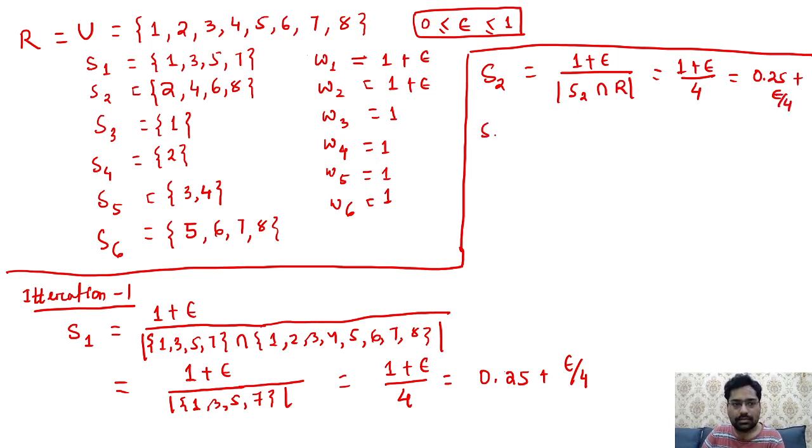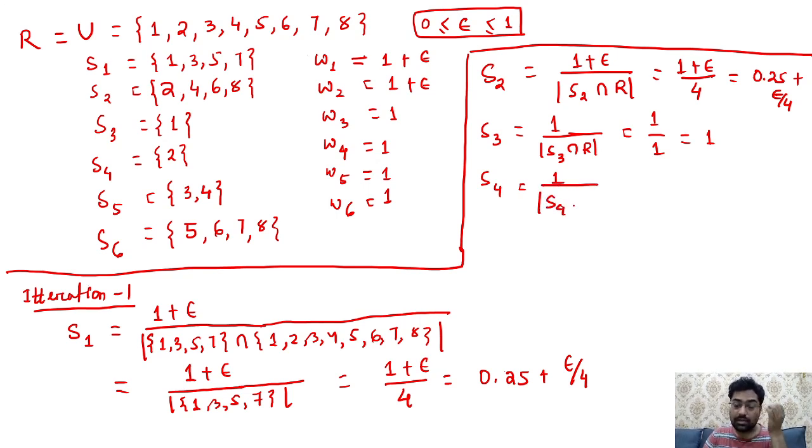For S3 it is 1 by 1, because the weight is 1 and S3 intersection R has the item 1, which is 1. For S4 the weight is 1, and the number of elements present here is also 1, so 1 by 1.